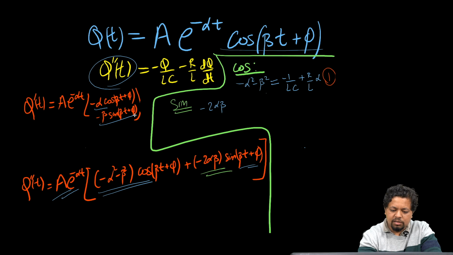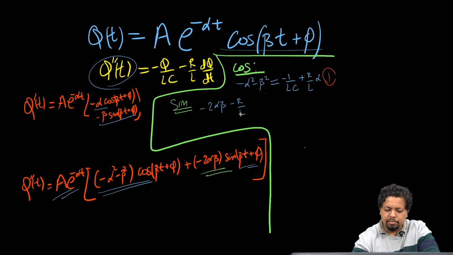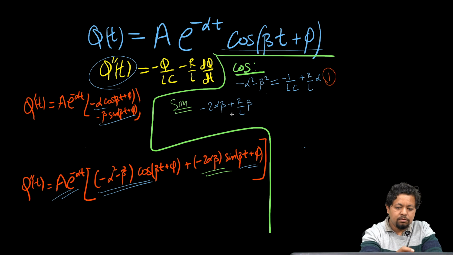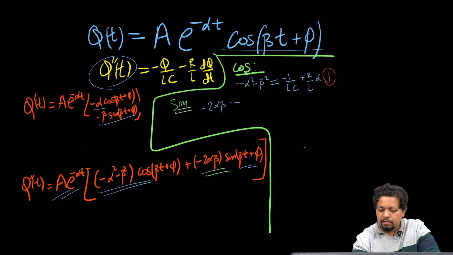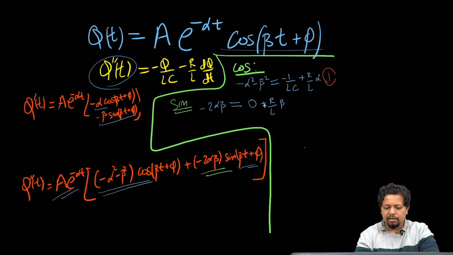But from dq by dt we've got a sine term, so I get minus r by L times minus beta, so that becomes plus r by L times beta. So this is equation number 2.